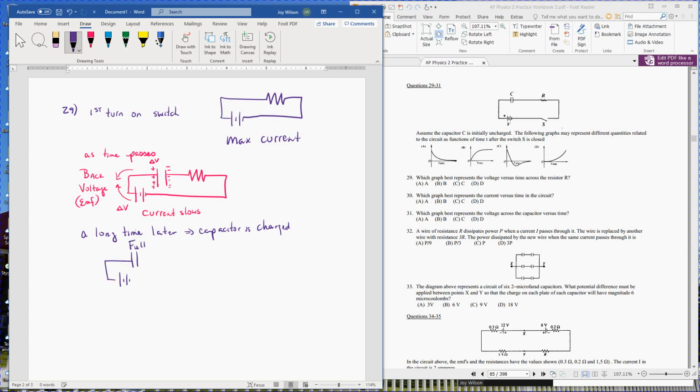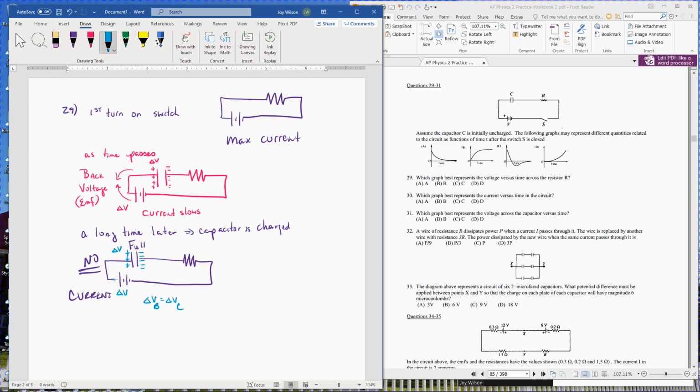Full here, and we get no current. Because the capacitor is doing a Gandalf, you cannot pass. You shall not pass. No current can come out because the voltage here and the voltage here are equal to each other. So voltage on the battery is the same as the voltage on the capacitor.